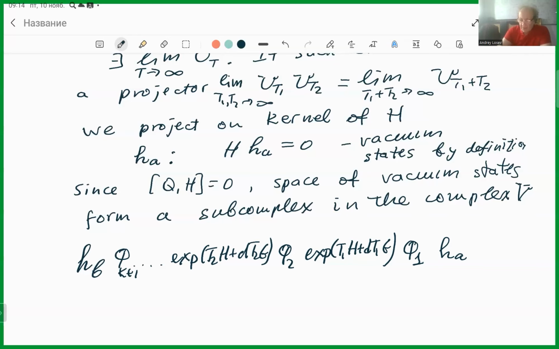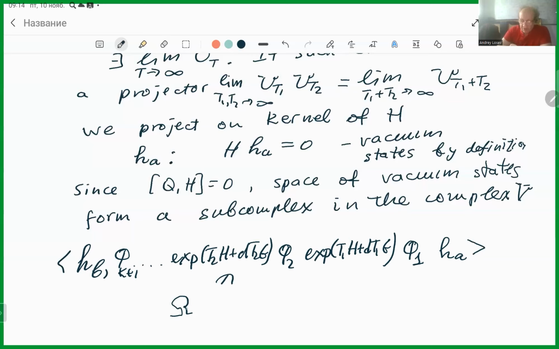So what can I say about this object? I'm sorry. Do you use H to denote the projection? Yes, I know. I use it like this. So this is a dual. All right.